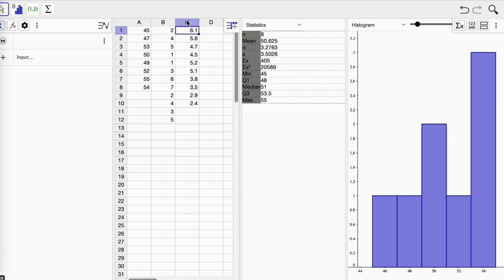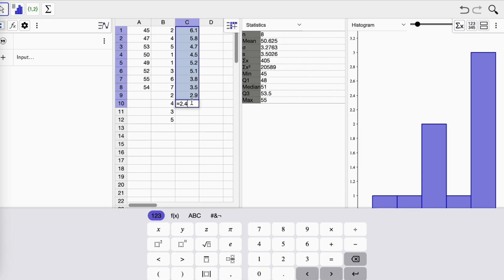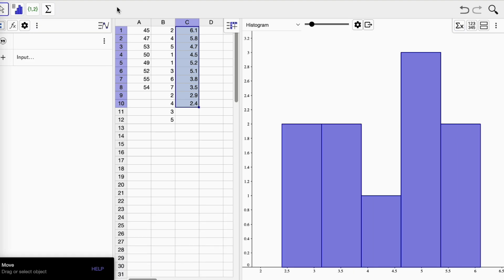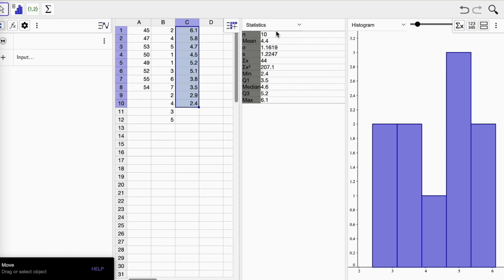So I put my data set for this example in column C. So to find my mean and my standard deviation, I'm going to highlight the data. I'm going to click on the histogram icon and choose one variable analysis. And then I'm going to choose the statistics button, show statistics. And then that will give me my information here.